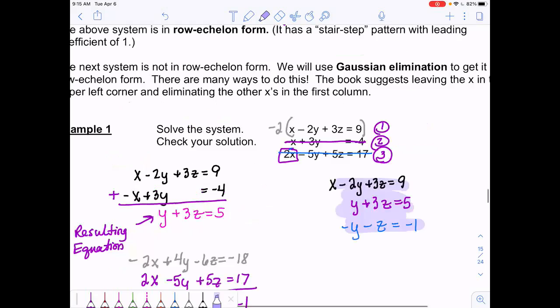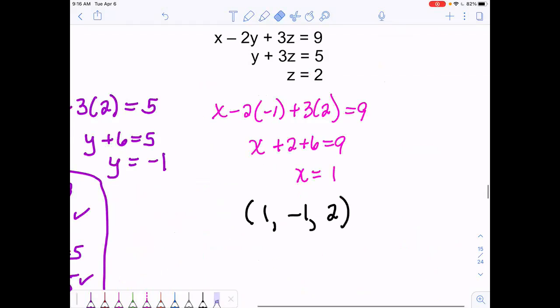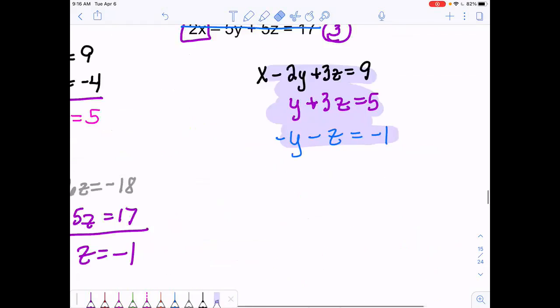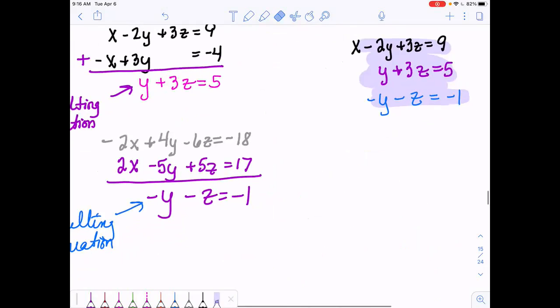Our goal is to get the equation to be in total row echelon form, so that I have 3, 2, and then my final variable, I'm going to get z to be totally by itself. So if you look at the 2 resulting equations, what can you do with those resulting equations to try and get z by itself? Parker, what do you think?